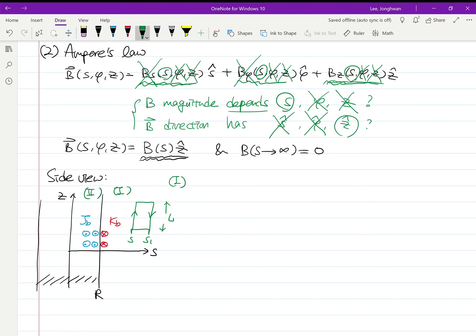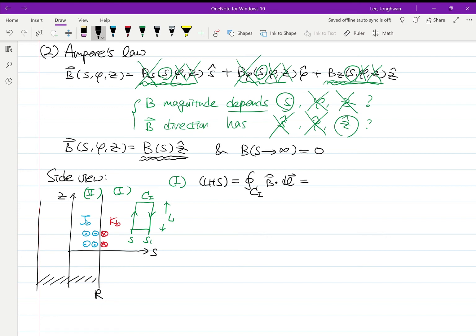So s is a variable and s1 is another variable to represent the position of the right hand side segment of your Amperian loop C. So this is C1. The left hand side of your Ampere's law is the line integral over C1 of B dot dr.